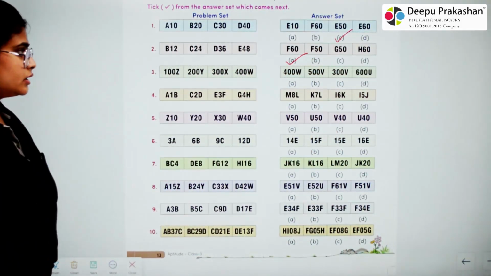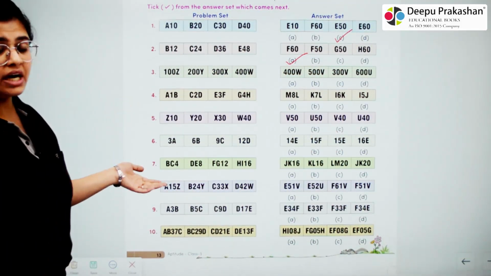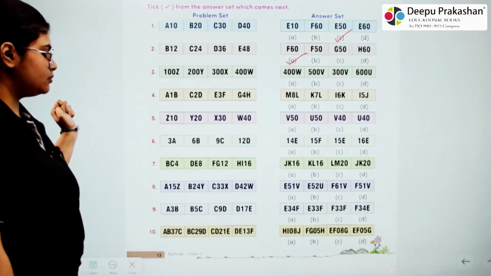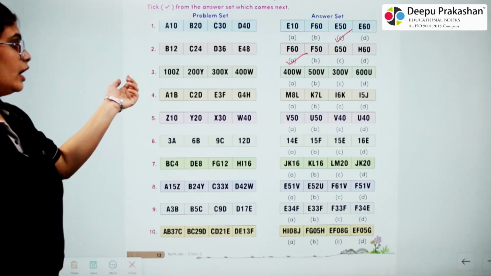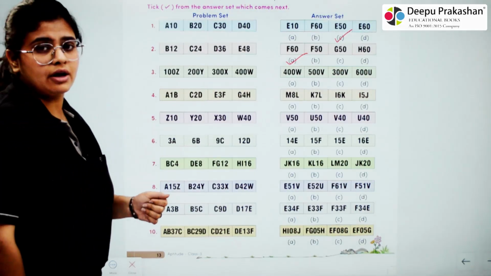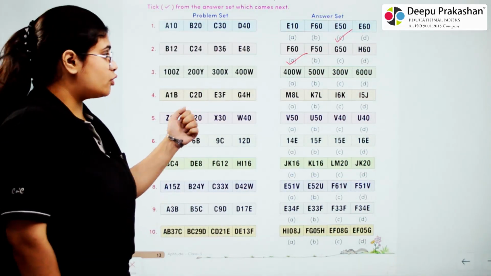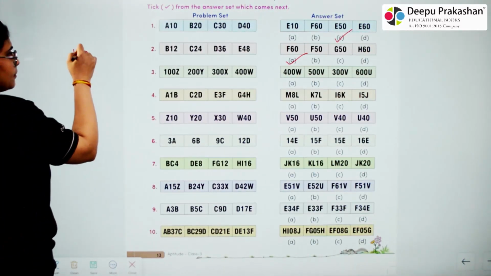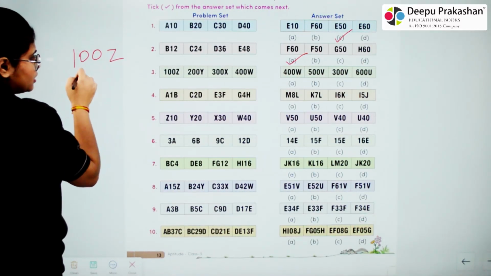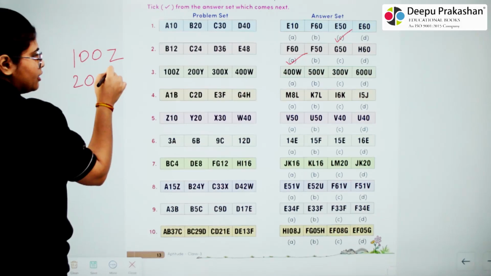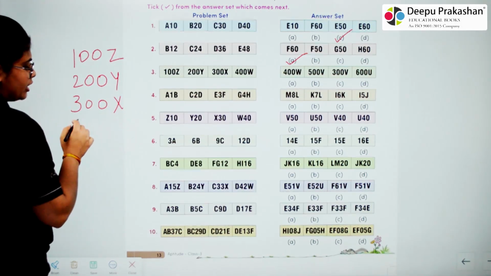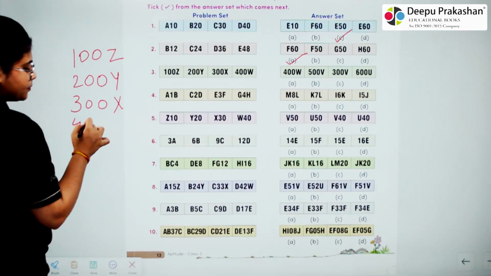Third, we are given 100Z, 200Y, 300X, 400W. So here we are having the reverse order of the alphabets and an addition of 100 to the number.